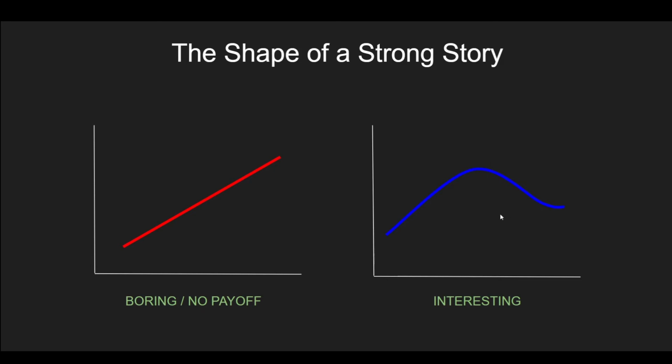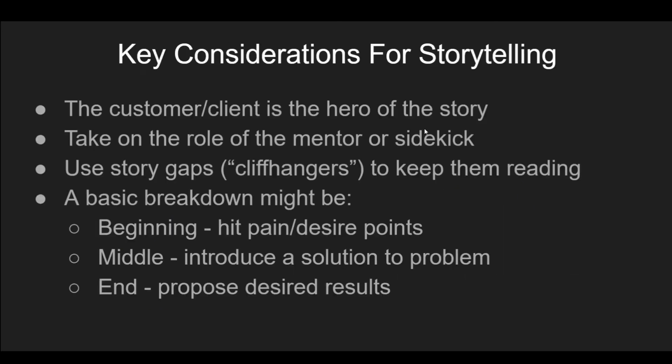And this is kind of the shape that you want to use in your content or your copy, unless you're using a different storytelling shape, but this is a good starting point. So let's talk about some ways that you could potentially do that.